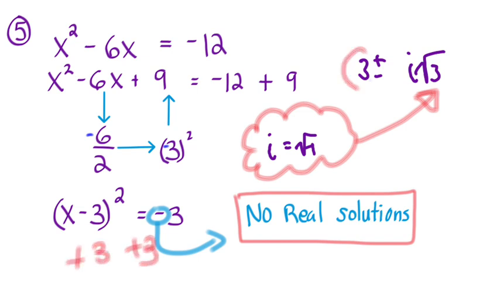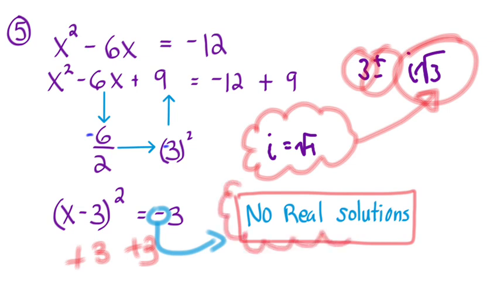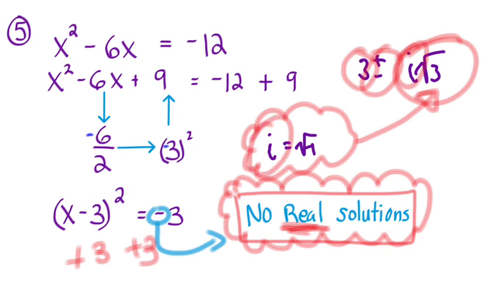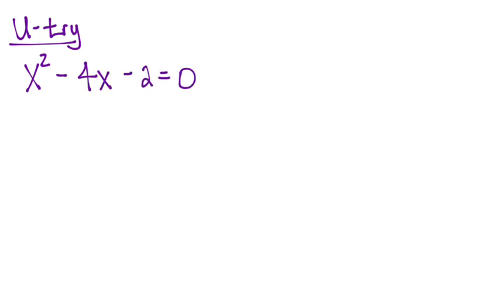And that's how I'd get 3 plus or minus i square root 3. But again, this is in Algebra 2. You don't need to know that for Algebra 1. For Algebra 1, we need to know that it's no real solutions because this is imaginary. Yep, imaginary numbers coming our way. All right, go ahead and try this one and check your solutions.